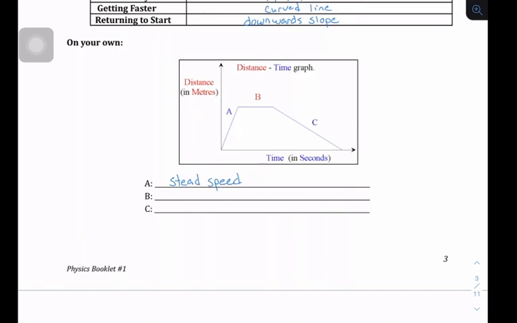We can say that it has a steep line, so it's going quickly. At point B, time is increasing, but distance is not, so it stops. And then at C, we have a downward slope. It's a gentle slope, so we can say it's returning slowly.